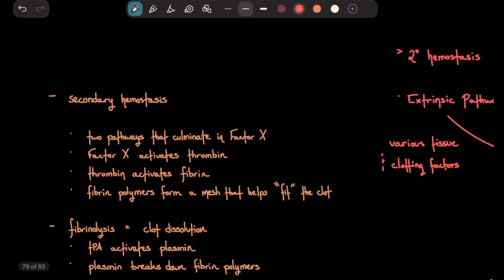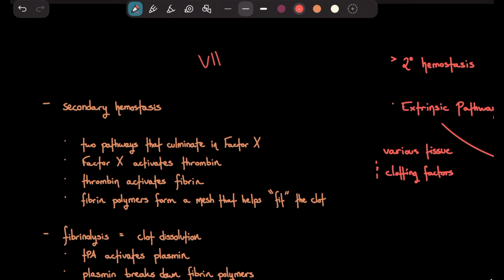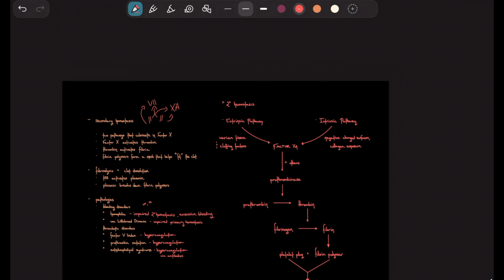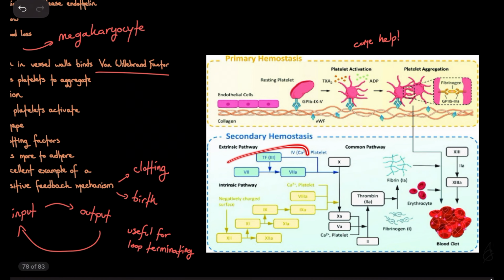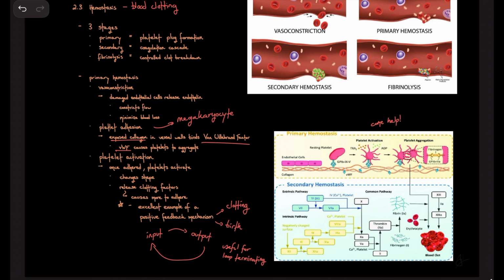You have tons and tons and tons, just all the way from, I forget the number, just give me like 20 plus. You have a lot of clotting factors, and they're all talking to each other in some sort of way. They have their interconnected pathway that this is referring to over here, but I don't want you to have to know all of this. That's overwhelming.